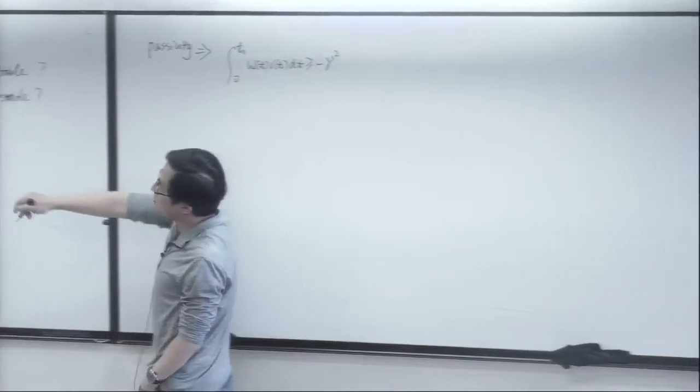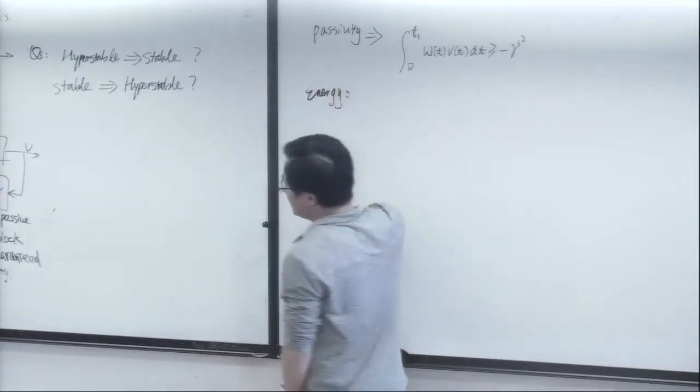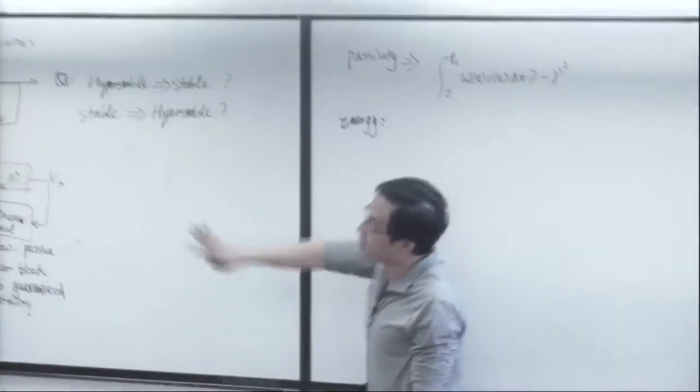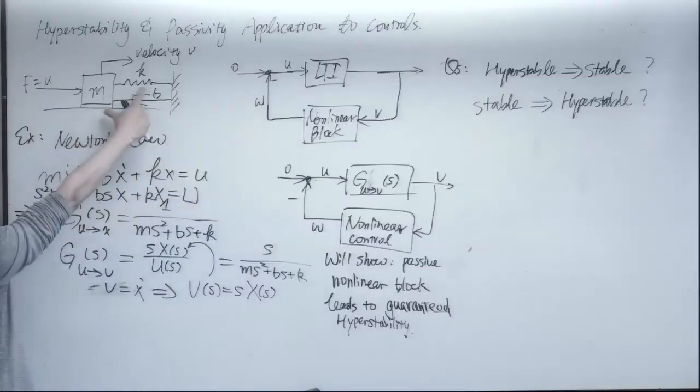And from an energy perspective, here is what we have. The moving mass system has two energy components, kinetic energy and potential energy.